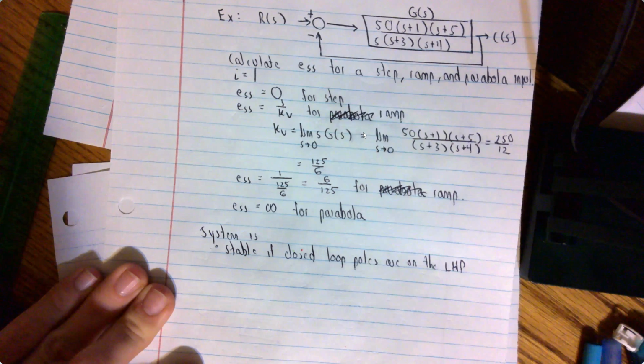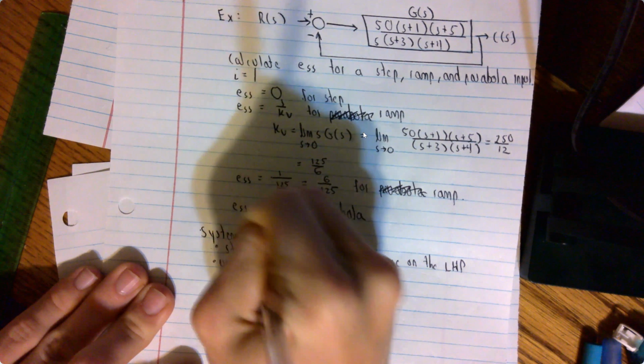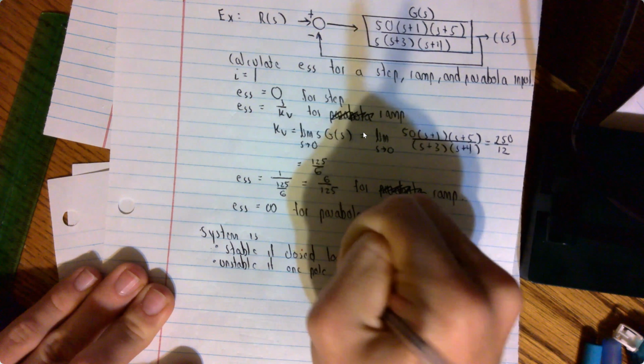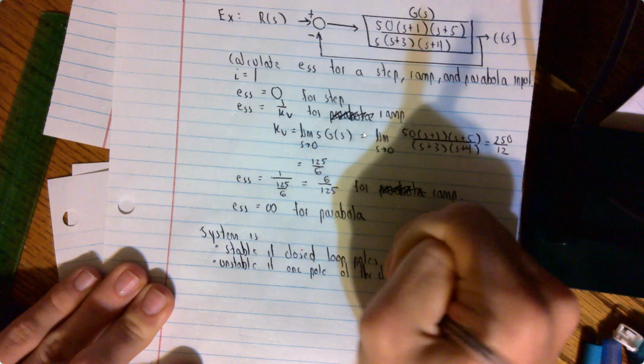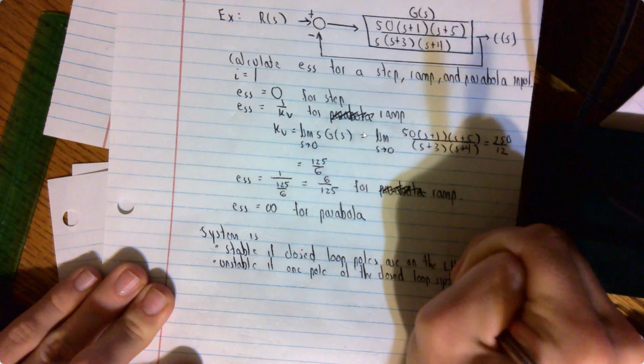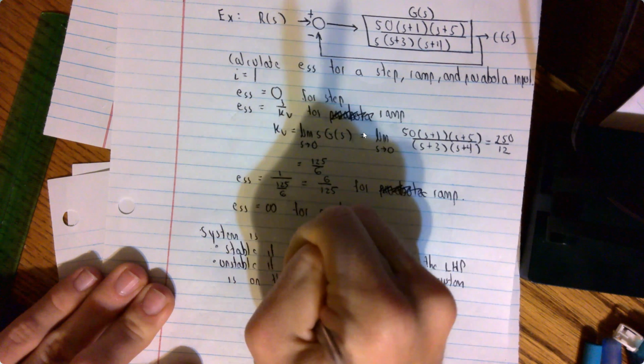And so then it's unstable if one pole of the closed loop system is on the right-hand plane.